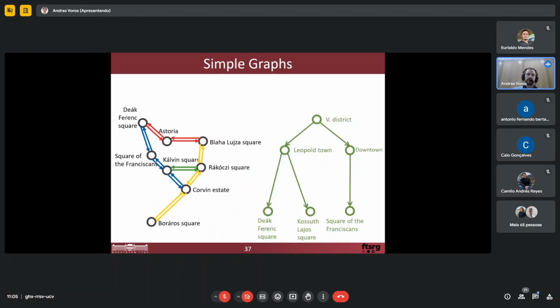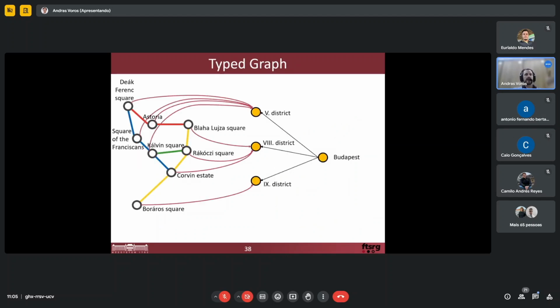So from the simple graph, I want to go to the typed graph. So I want to give some type information for the different parts of my simple graph. And I can do it in a way that I assign the different districts of Budapest to the different stations in our transportation graph.